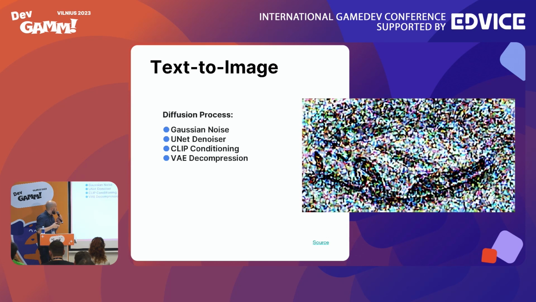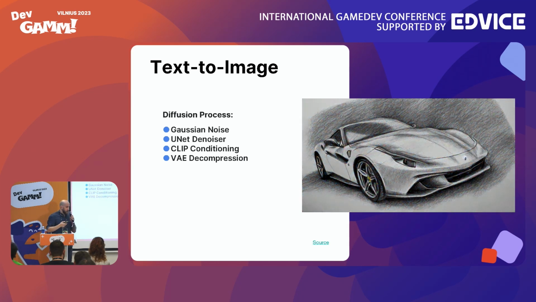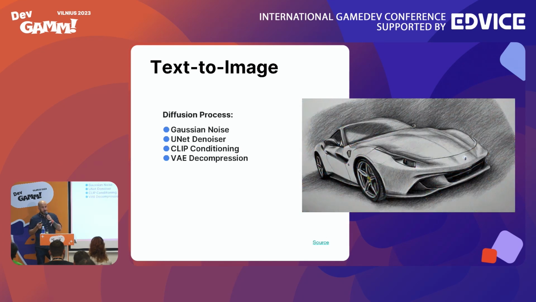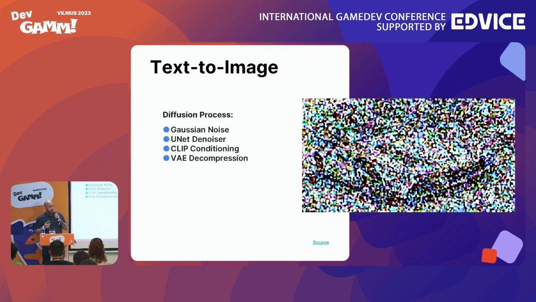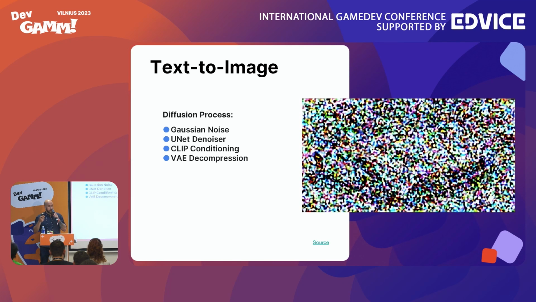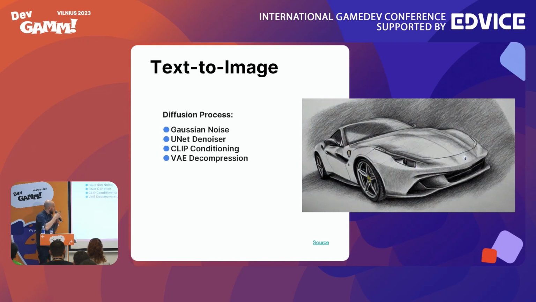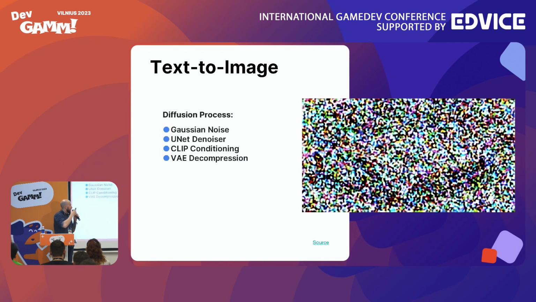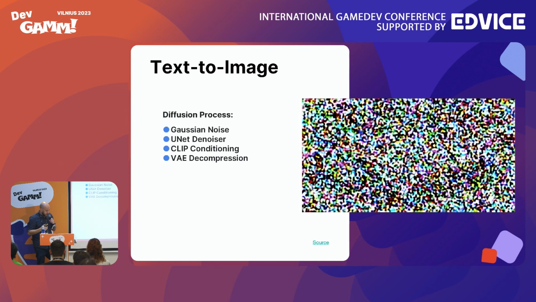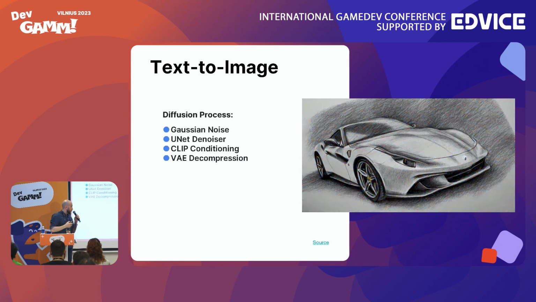And to fix that, we have Clip inside of Stable Diffusion. Clip is like a magical neural net that allows us to measure distance between images and texts. And we use Clip to guide UNet during this diffusion process. And the last part is the variational autoencoder.